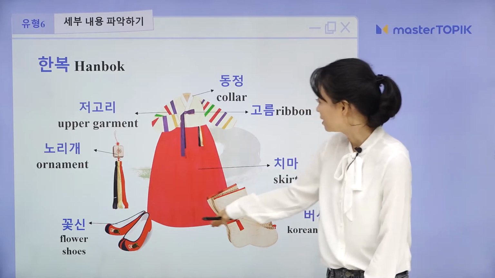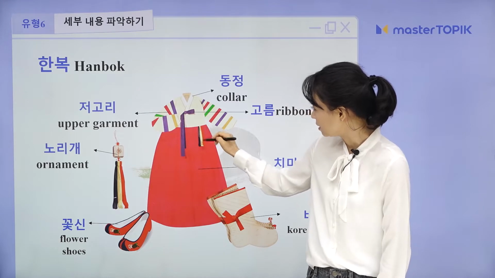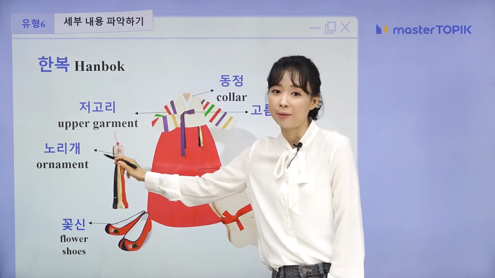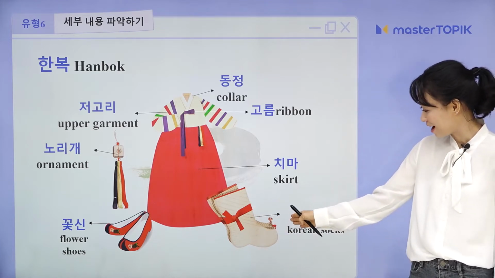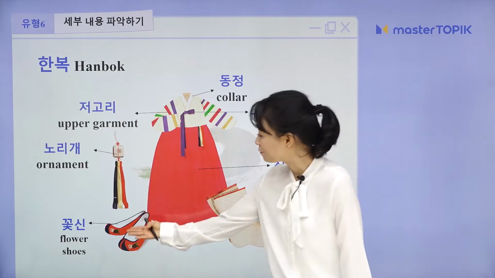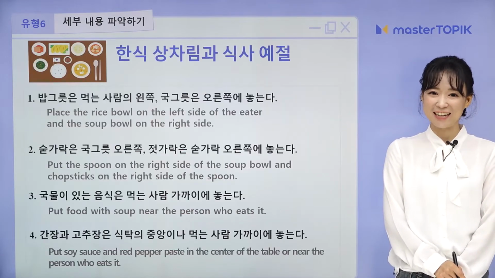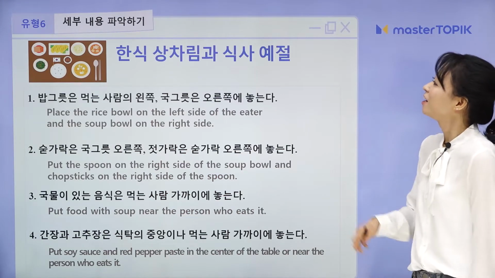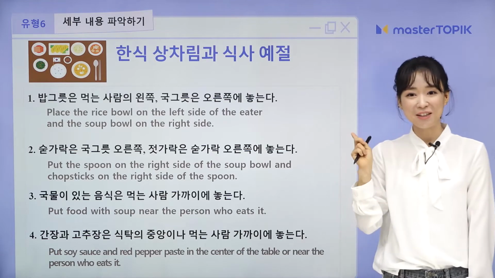And 치마, skirt. And you can put an ornament like this. It's called 놀이개. And this is Korean traditional socks called 버선. And flower shoes, 꽃신.